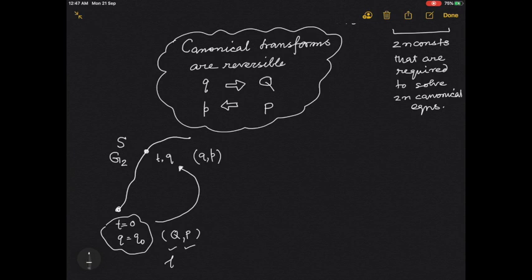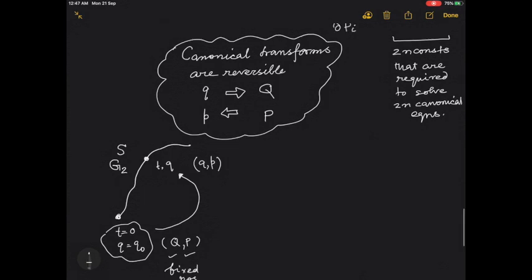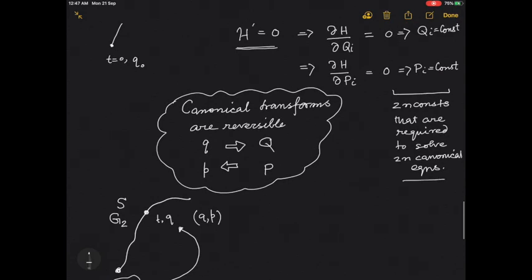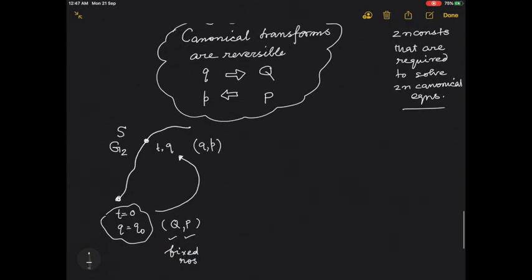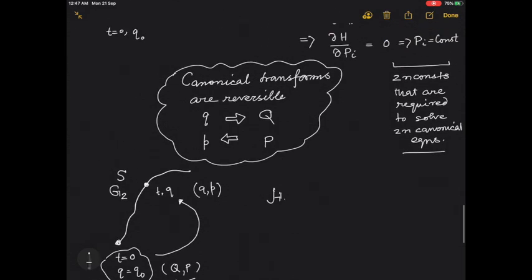But if you do that, you see what happens. We had kept these fixed, which means that these are fixed numbers. Which is essentially what we said here, that the capital Q's and the capital P's are fixed numbers. And what the canonical transformation does is it essentially takes you from here to some other point in the trajectory. So, let me write the statement.